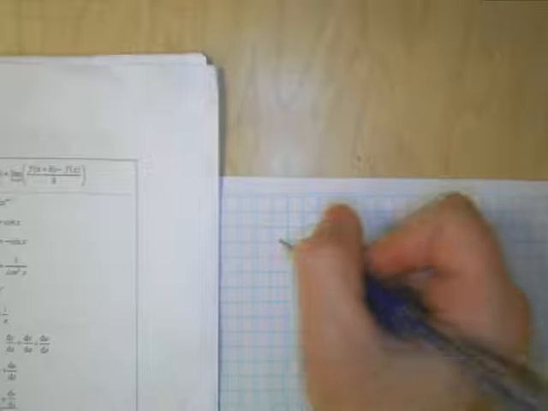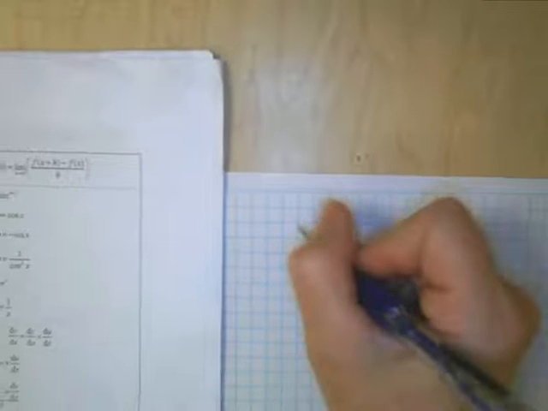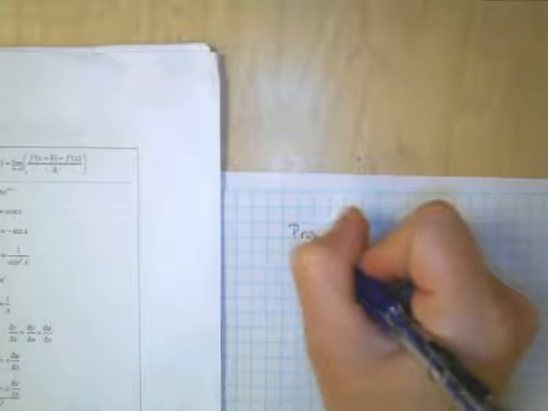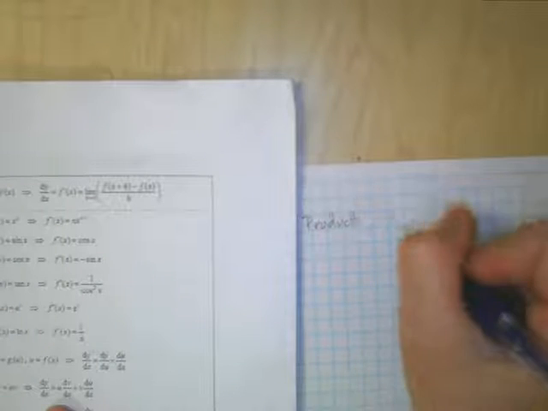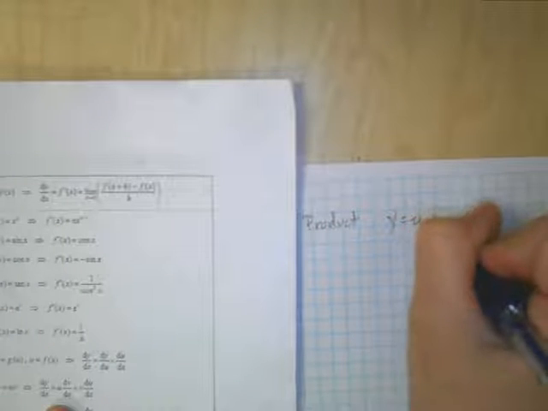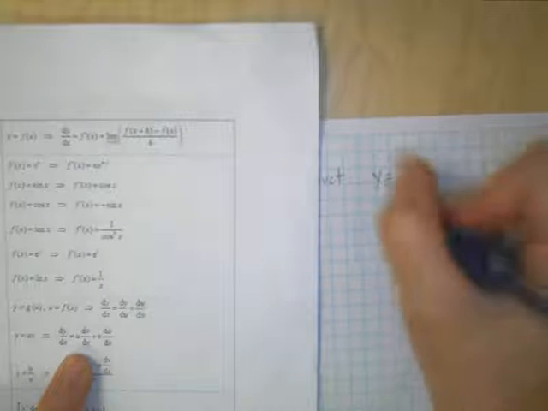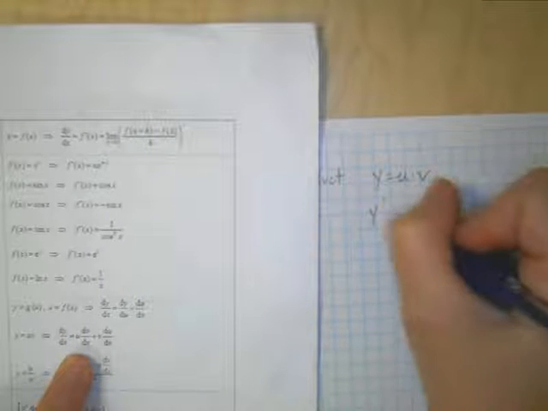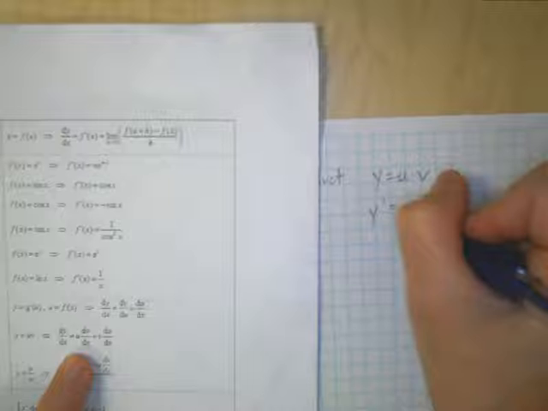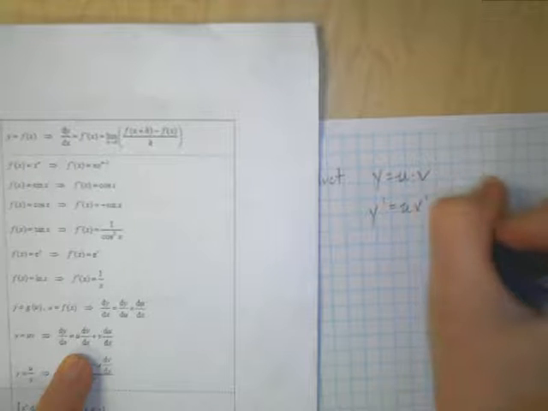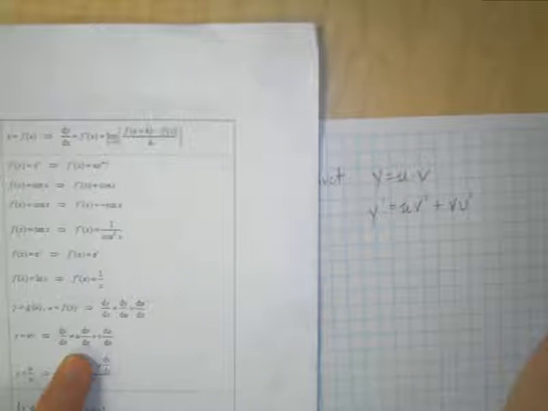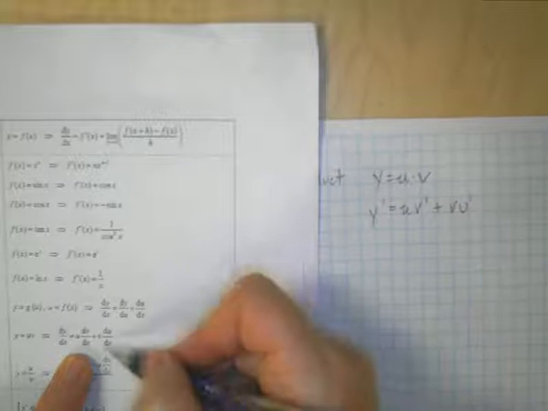So please don't write in my formula packets, but you could write it. You could write product rule. Another way of writing this one is to write y equals u times v. So therefore, the derivative of y is equal to u times the derivative of v plus v times the derivative of u. That's the simple way of writing it, but that's the same thing as this.